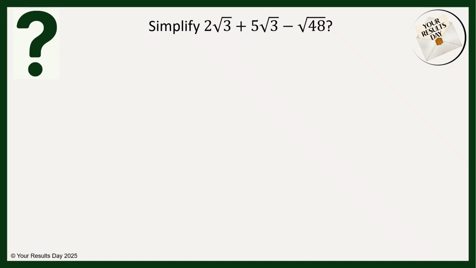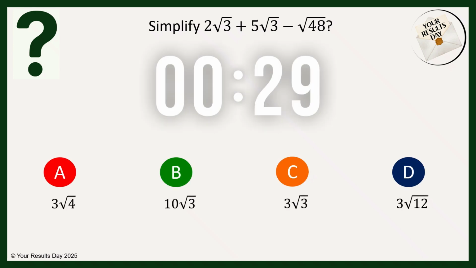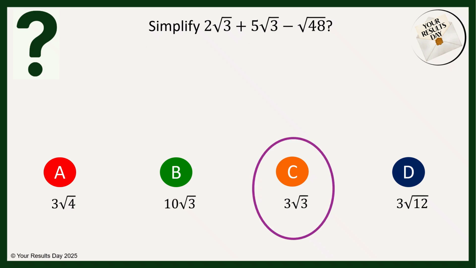Simplify 2 root 3 plus 5 root 3 minus root 48. If you said C, that's correct.